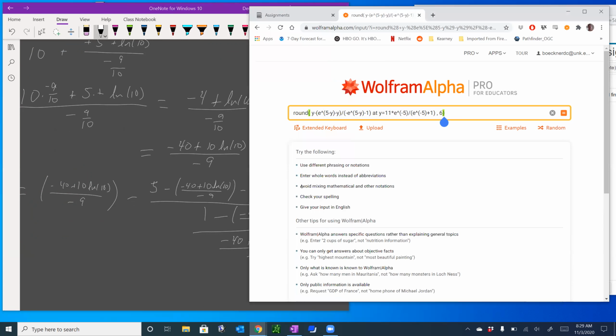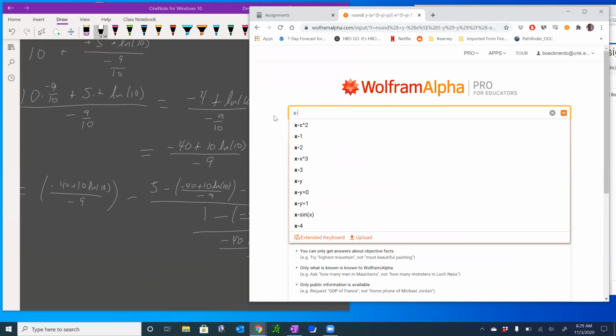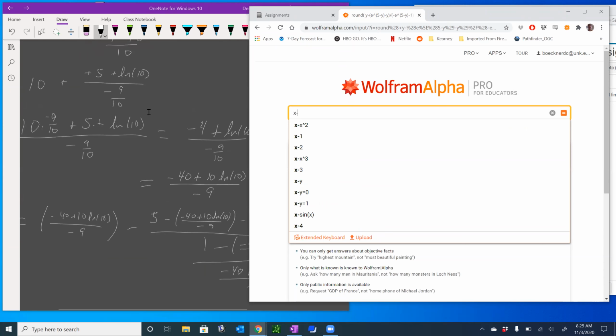Okay, let's see if we can convince Wolfram to do this for us so we don't have to do all this arithmetic. So we're going to go x minus, what's our function?